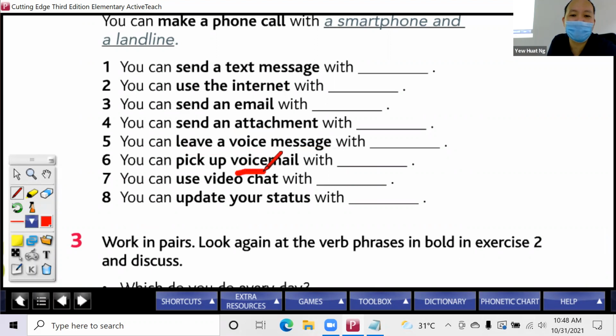Voicemail and voice message, are they the same? Different? They are the same. Yeah. Voicemail and a voice message are the same. Okay.